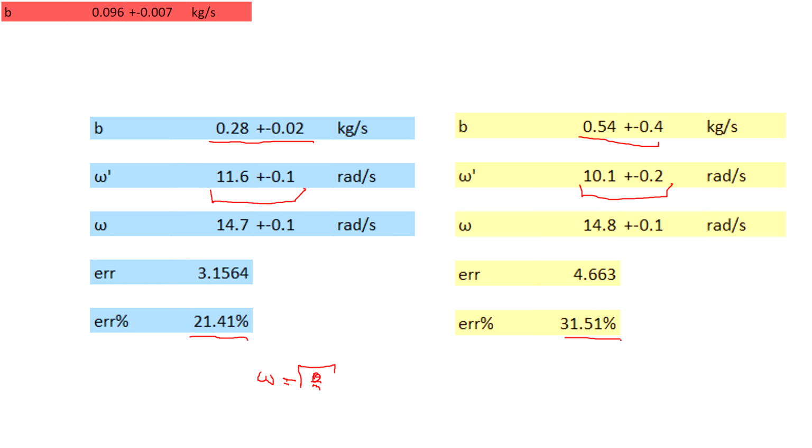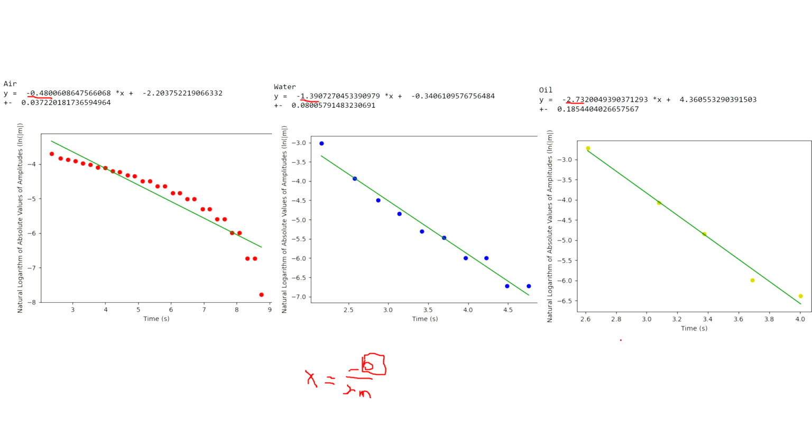Things like temperature and air density actually change the values, so it's not exactly perfect. But from what we saw of the graphs, it can roughly be estimated as that. Thank you.